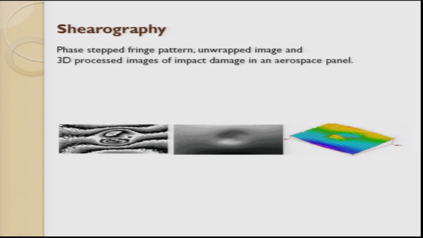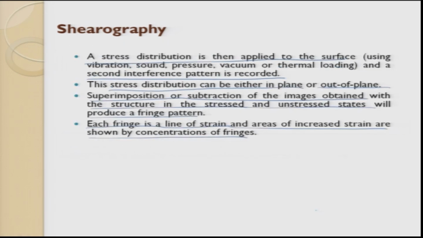So, this is a phase stepped fringe pattern unwrapped image. A 3-dimensional 3D processed image of the impact damage on an aerospace panel is done, so that you get to know what the defect is. If you look at it, I repeat, the stress distribution is applied on the surface using vibration, sound, pressure, vacuum or thermal load.